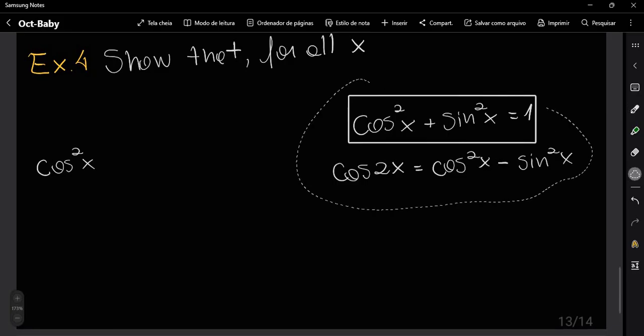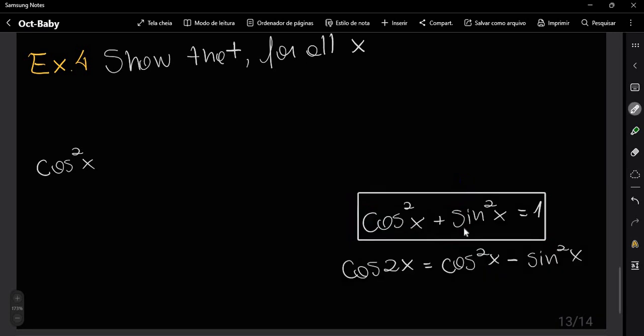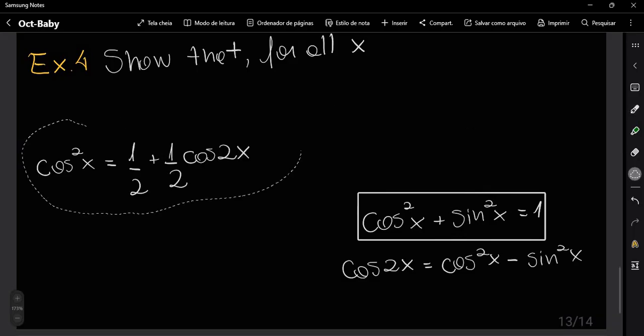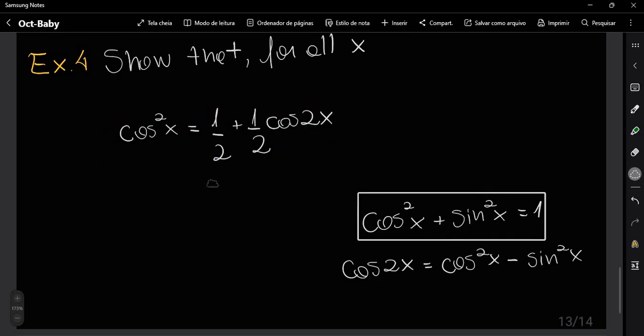So it gives to us and asks us to show that for all x, cosine square of x is equal to 1/2 plus 1/2 of cosine of 2x. Okay, so we need to show that for all x, cosine square of x is equal to this value. 1/2 plus 1/2 times cosine of 2x.